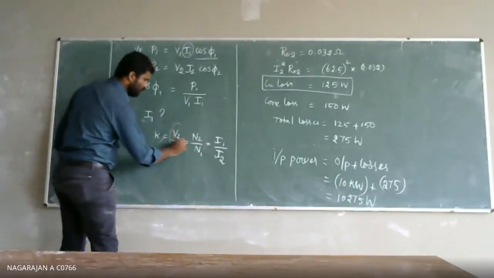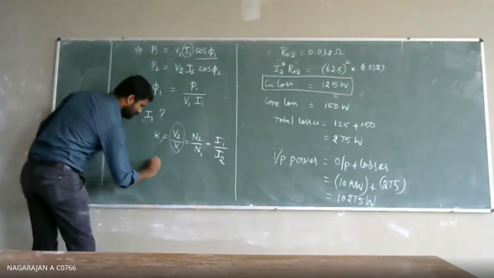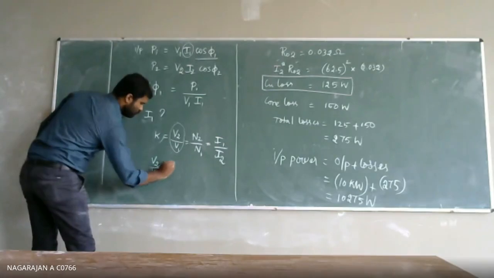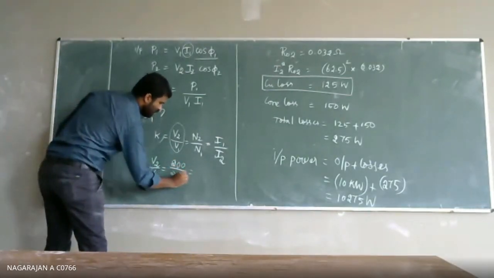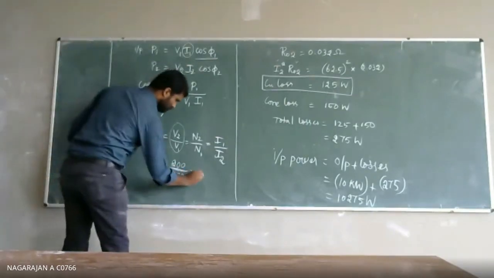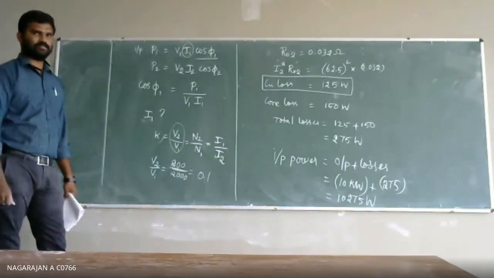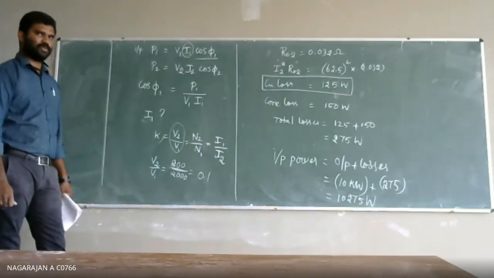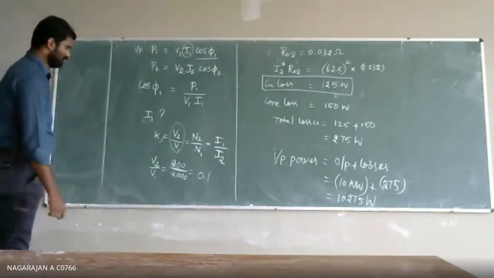We know the value of V2 and V1. V2 by V1 is equal to 200 divided by 2000. What is the value? 0.1. Isn't it? 0.1 or 0.01? 0.1, sir. Yes.